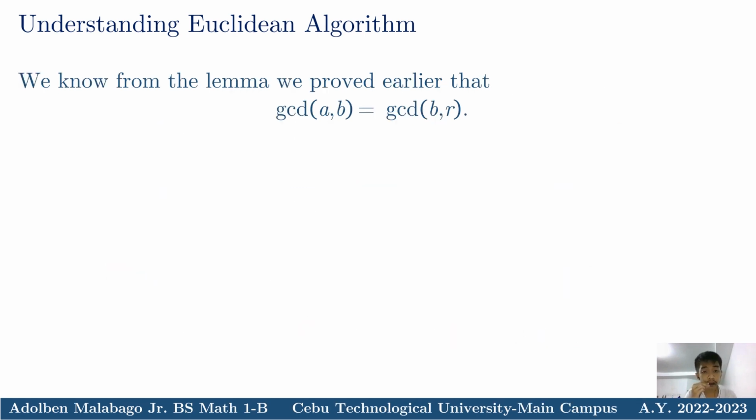We know from the lemma we proved earlier that the GCD of a and b is equal to the GCD of b and r, which involves the remainder.